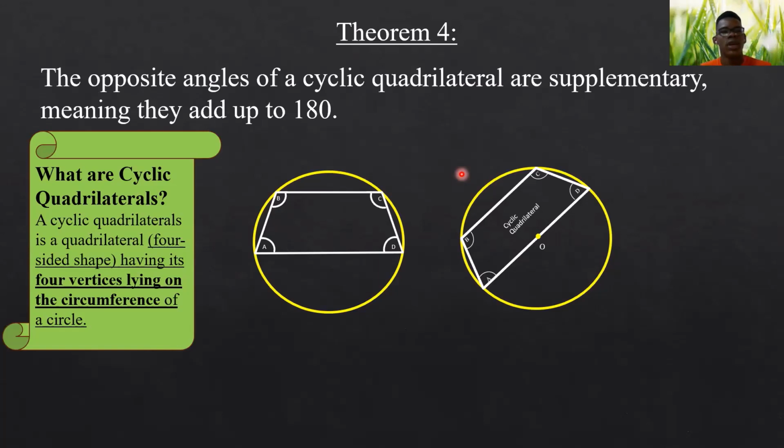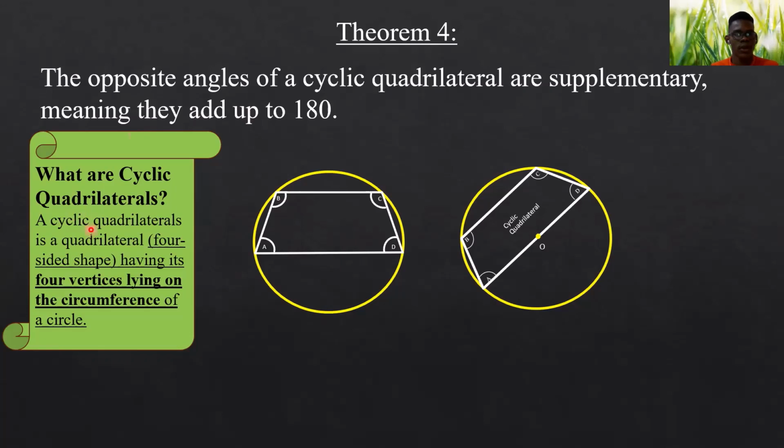Good. So the opposite angles of a cyclic quadrilateral are supplementary, meaning that they add up to 180. What a cyclic quadrilateral is, if you don't know this already: quadrilaterals are 4-sided figures.